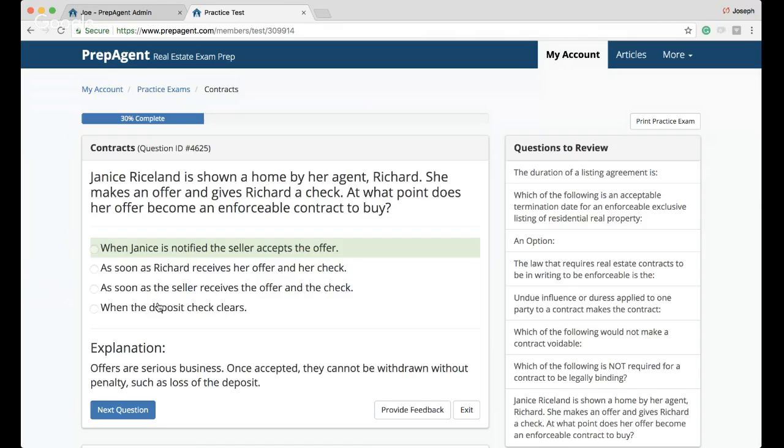Offer and acceptance, good. Mutual consent, capable parties, and consideration. Offer and acceptance, mutual consent, consideration, capable parties.